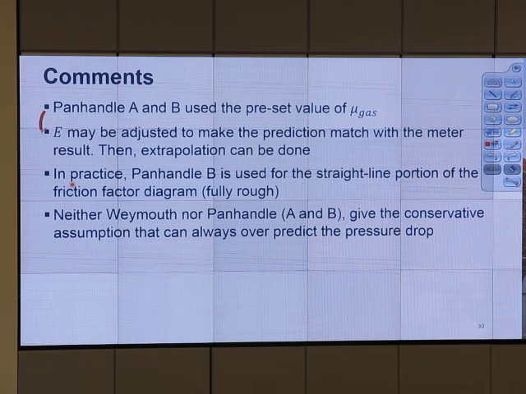E may be adjusted to make the prediction match with the meter result. Then extrapolation can be done. What does that mean? Let's say we have some data. We try to find out, if we build another one, what the pressure drop will be, for example. With the data that we have, pressure drop with velocity or with flow rate, right? We put that data in and try to adjust E to make the left hand side equal to the right hand side.